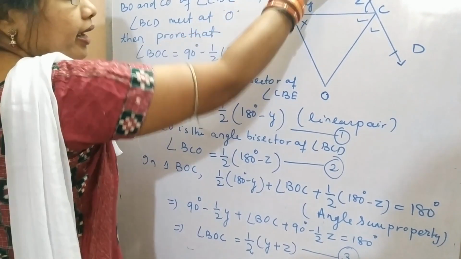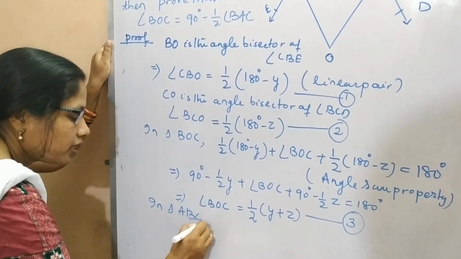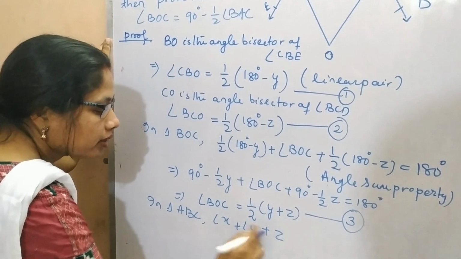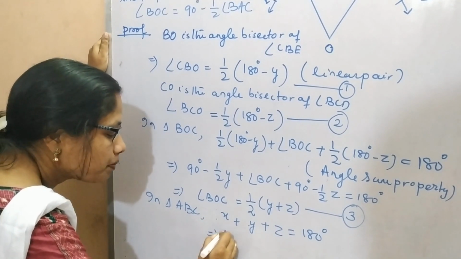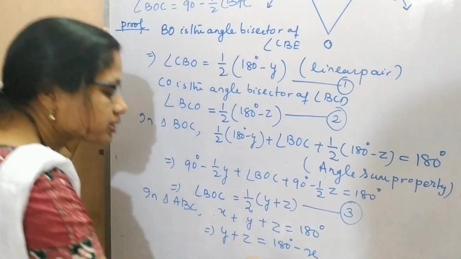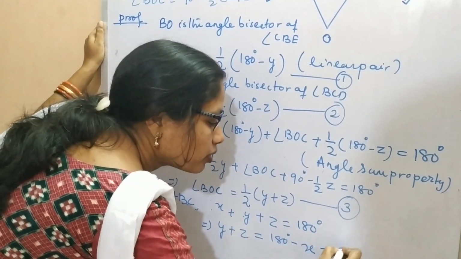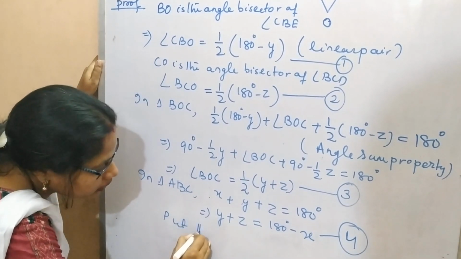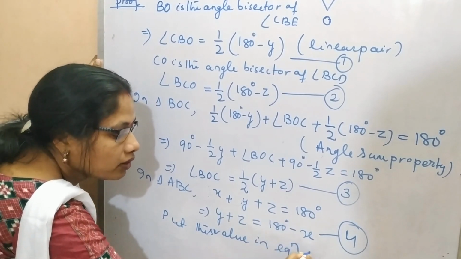So from triangle ABC, we know that in triangle ABC, angle X plus Y plus Z is equal to 180 degrees. So this implies Y plus Z is equal to 180 degrees minus X. Let this be equation 4. So put this value of Y plus Z in equation 3.